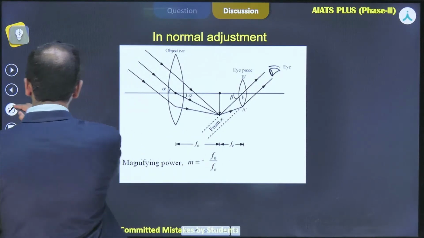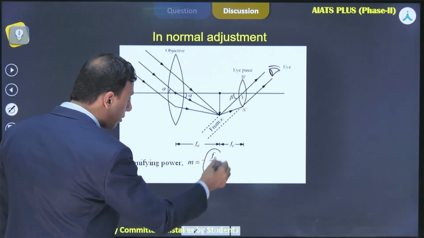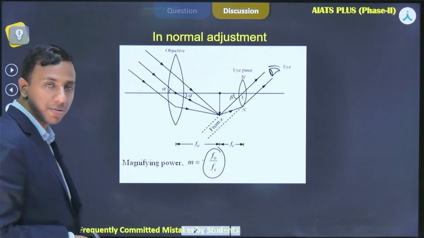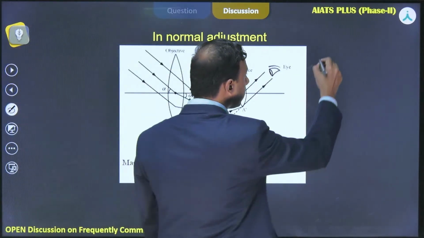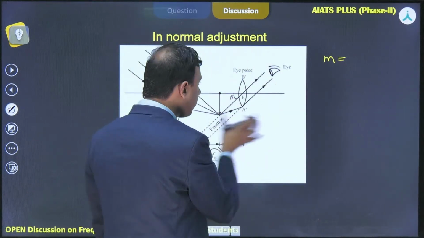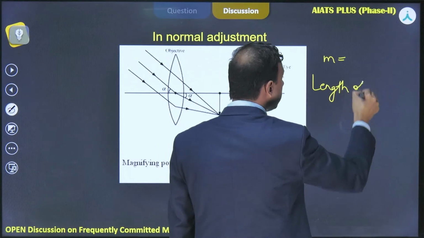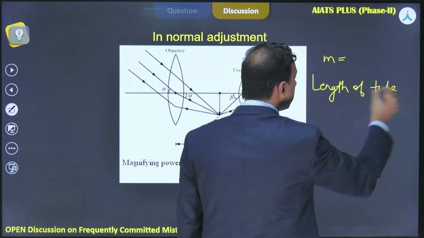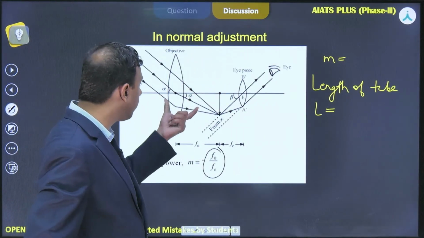What is the formula? F naught by Fe. So please remember this one. In normal adjustment, magnifying power is equal to F naught by Fe. And what is the length of the tube? L, equal to how much? See from the diagram itself.